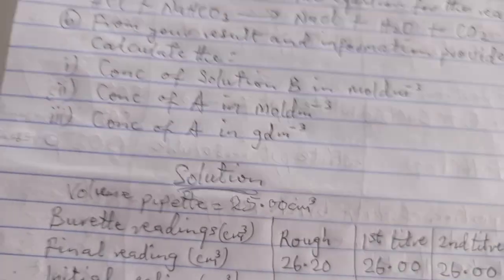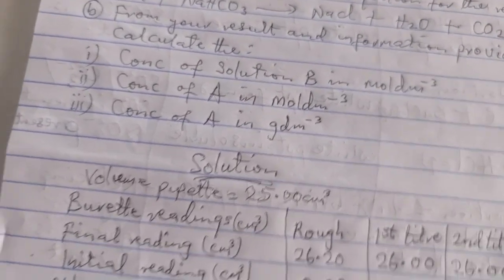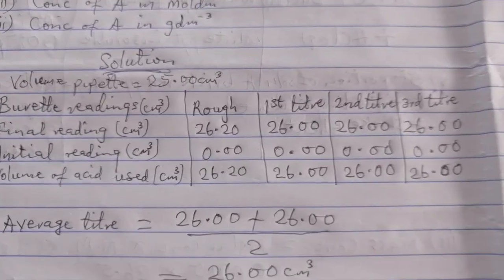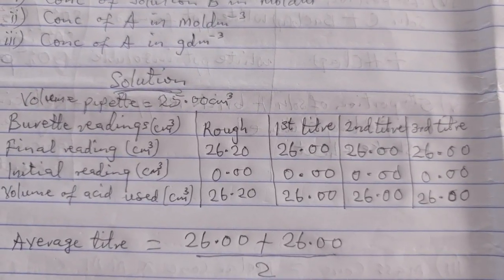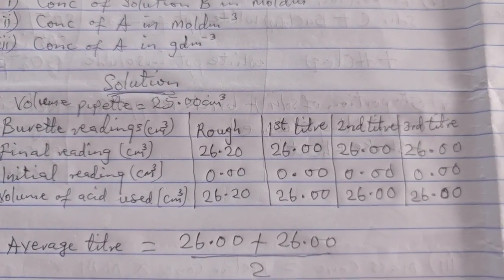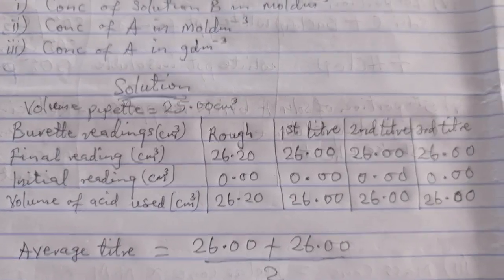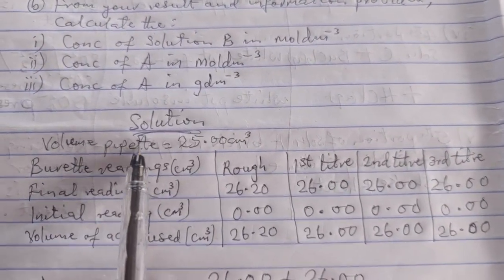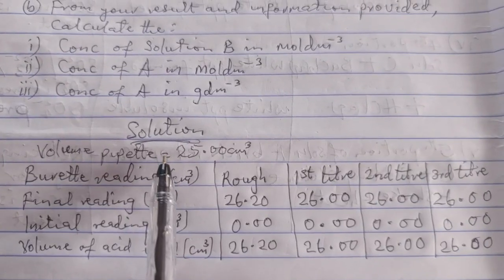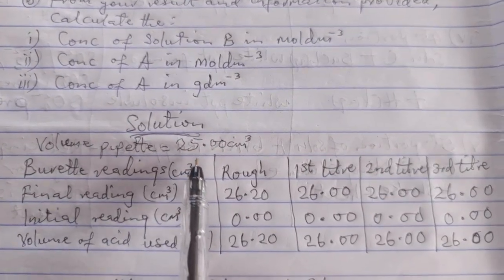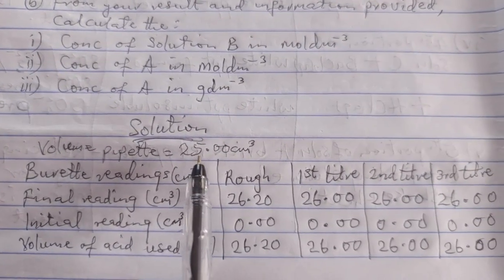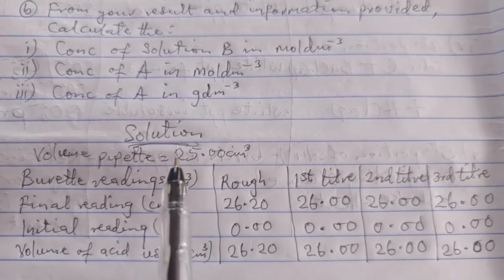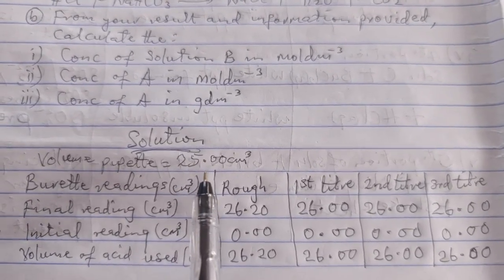It is very important for you to remember that when you draw a table of values for the titration, above the table you put the volume of your pipette, because they said 20 or 25. The one I am using is 25. If your school is using 20, you put it there. If it is 25, you put it the way I did.